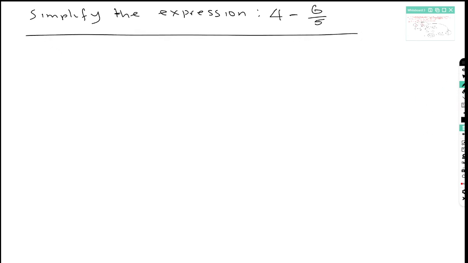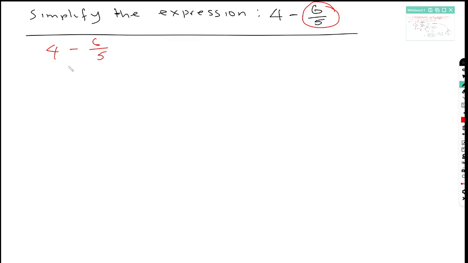That's a question. Pause the video if you want to attempt it before you see my solution. That's the best way to do it. Okay, so remember, I told you before, this one is an improper fraction. Let me write it again, 4 minus 6 over 5.